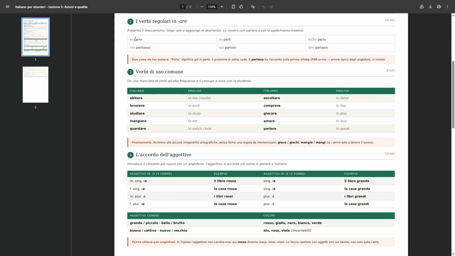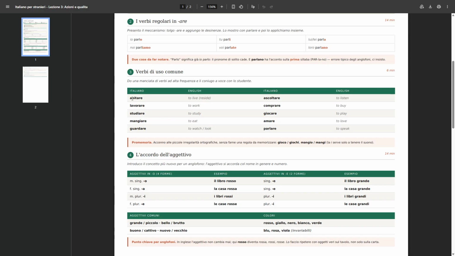It's io abito, taking away -are and putting the desinence that's coherent with the person in that verbal tense. So io abito, tu abiti, lui, lei abita, noi abitiamo, voi abitate, loro abitano. You see, it's the same as here. In red, we have the desinences that we add.